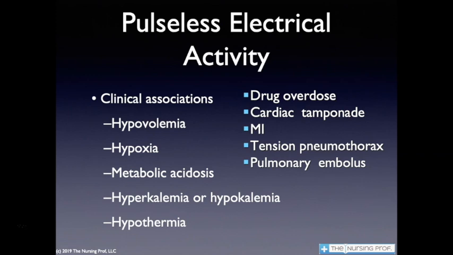Tension pneumothorax, same kind of situation where we have pressure that has built up in the thorax, it's compressed the heart, and it cannot contract. Pulmonary emboli can also cause pulseless electrical activity because we have too much back pressure on the right side of the heart for the heart to be able to pump, and of course we're also going to end up with some hypoxemia as a result of that.